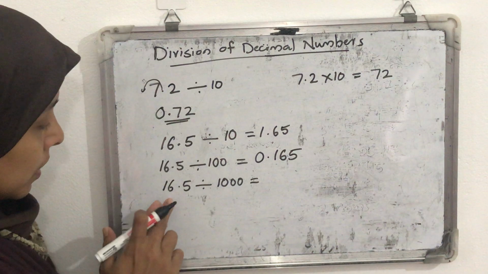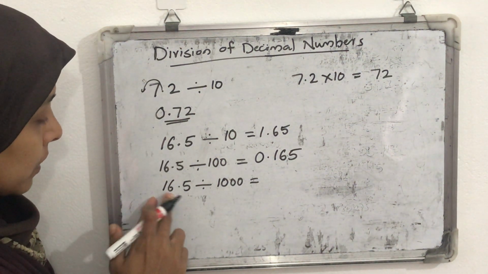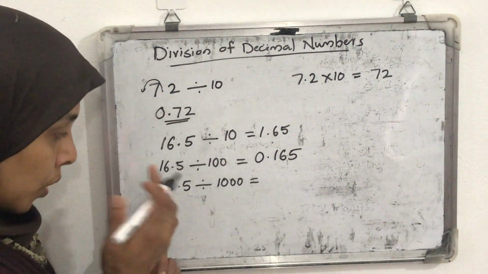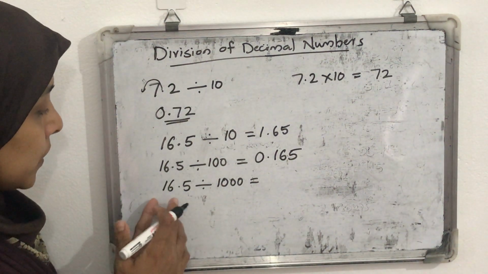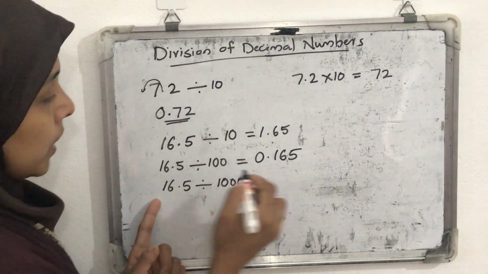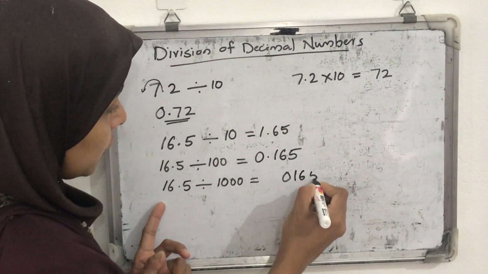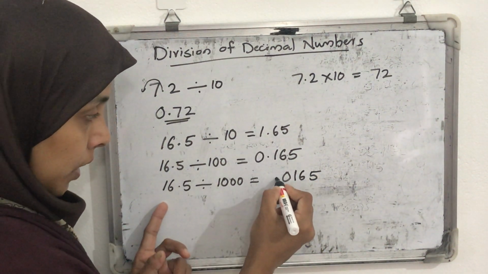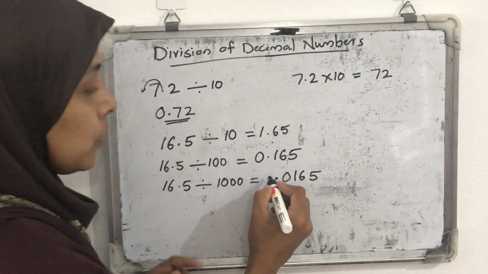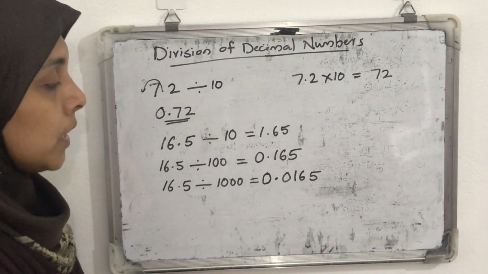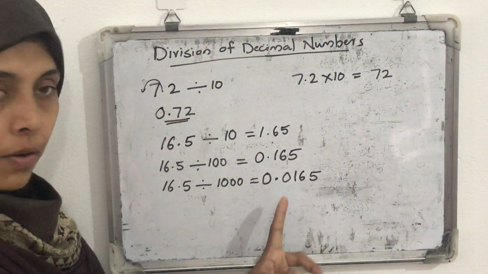Here two places are available, but to make it 3 places, we add 1 zero here. So what will happen? 0.165. Now here will be the decimal point, so 0.0165. This is the standard form of writing.